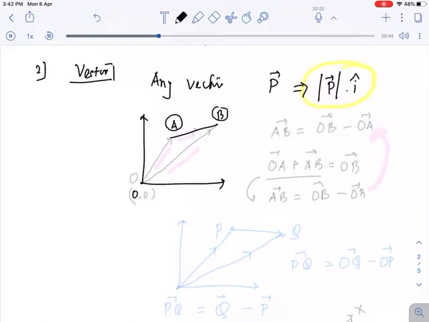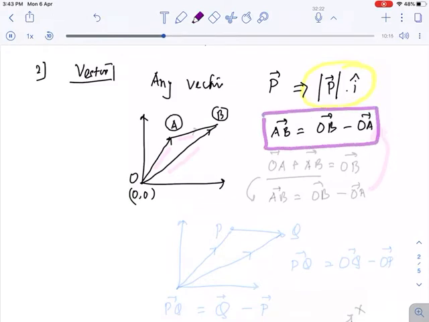Now if this is the origin, the position vector is the vector from the origin to the point A, and position vector B will be like that. So vector AB is considered as OB minus OA.